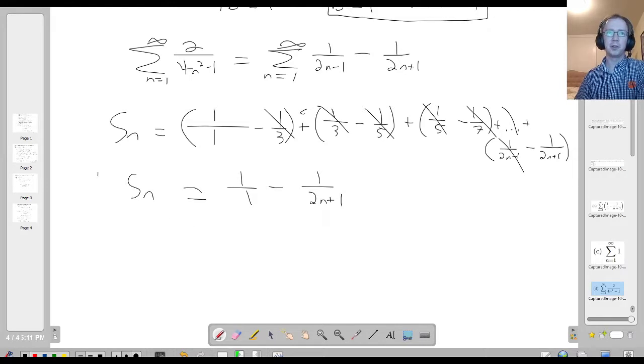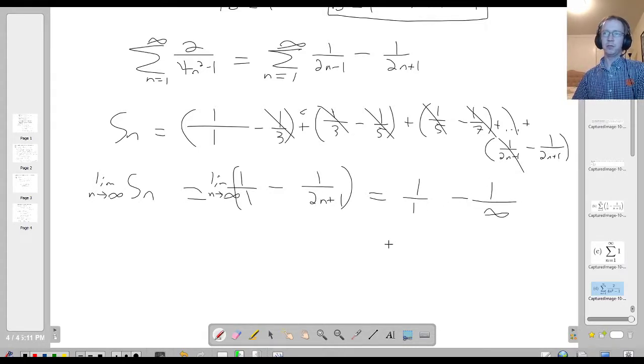If I'm going to try to find the limit of these partial sums, let's see. If I do a direct substitution here, I get 1 over 1 minus 1 over 2 times infinity plus 1. 1 over infinity is just 0, so this converges to 1.